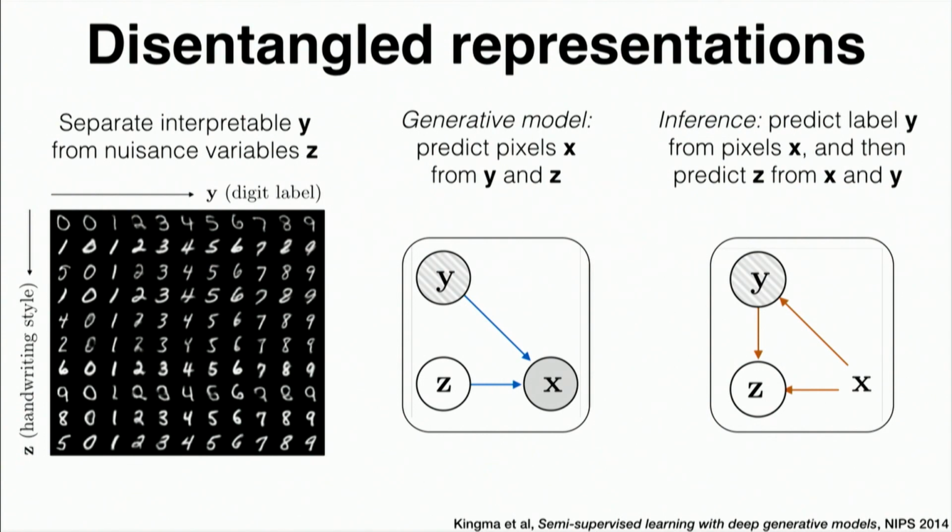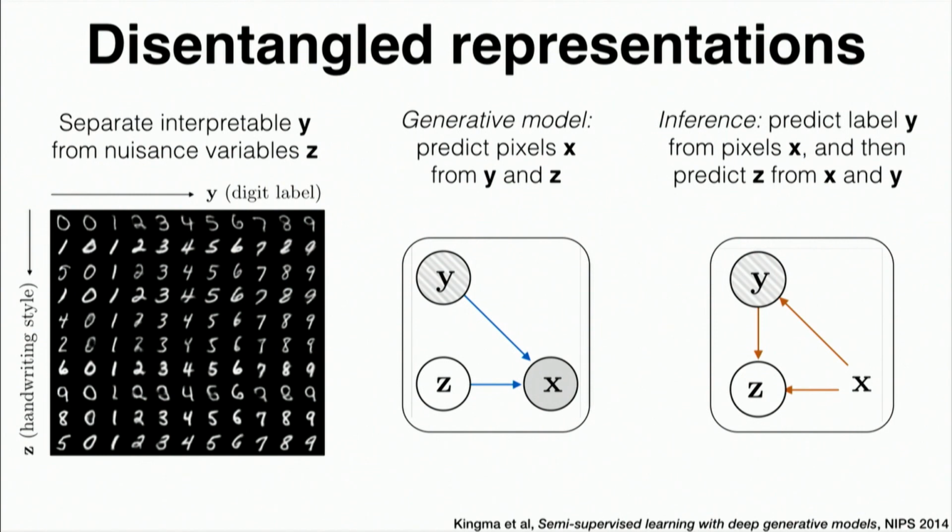We're not going to request too much of them for now, but this gives us a generative model which looks like the one we had a moment ago. But instead of saying we have this graphical model where our latent Z captures everything and then produces X through a neural network, we say we have a label Y, which is interpretable, and we'll use that to generate X alongside this uninterpretable bit. So we still have a likelihood that generates X. This is still parameterized by a neural network, but it's a model that makes sense.